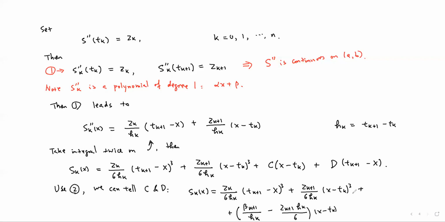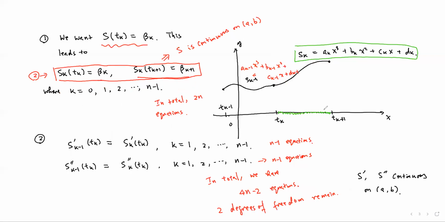Then what is D? D is (beta_k over h_k minus c_k h_k over 6) times (t_{k+1} minus x). Yeah, this is the polynomial over this interval from t_k to t_{k+1}.